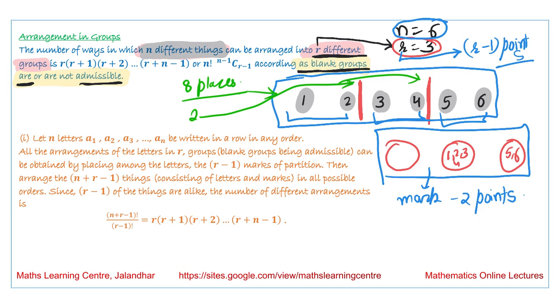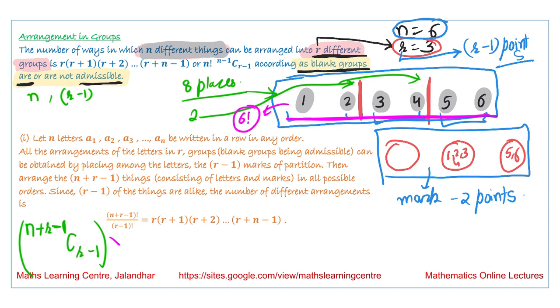It means if we have n objects and r minus 1 points we want to arrange, we have n plus r minus 1 places, and we have to choose r minus 1 places out of these. And these n objects, these 6 objects, can themselves be arranged in 6 factorial ways, that is, n factorial ways.